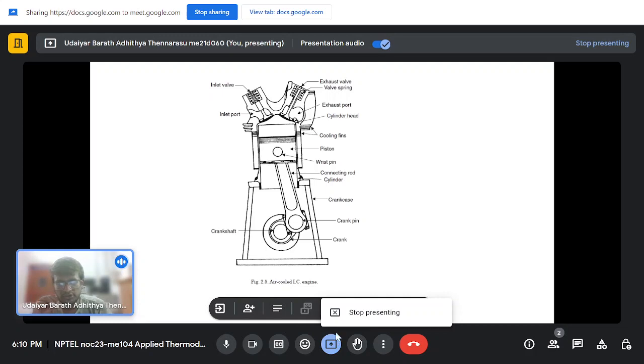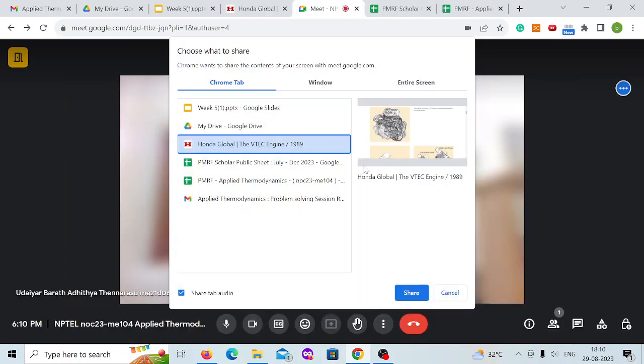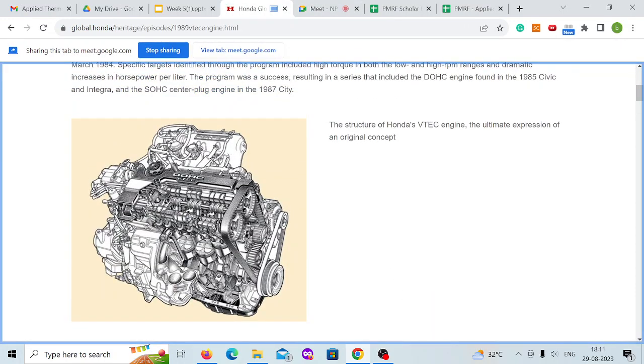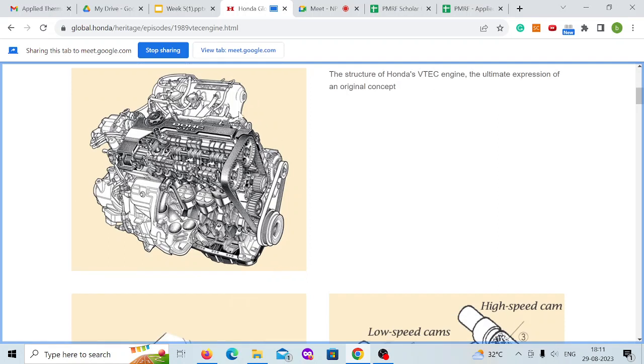I'll show you an image of how the engine looks. You see, this is a schematic or drawing view of an engine. The multiple pistons are arranged on the crankshaft, and the crankshaft is connected to a flywheel.